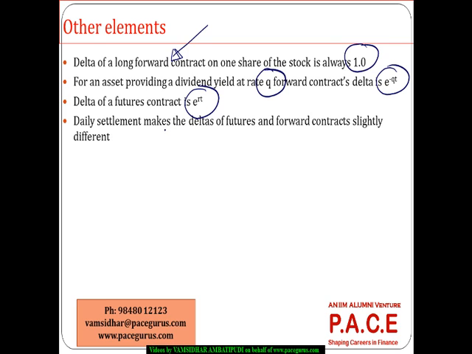So I am not waiting for the change in the value of the asset until the expiry date. So that's the reason the delta of the futures contract gets increased by e to the power of RT. And the daily settlement is the main reason because of which the deltas are differing between the forwards and the futures.